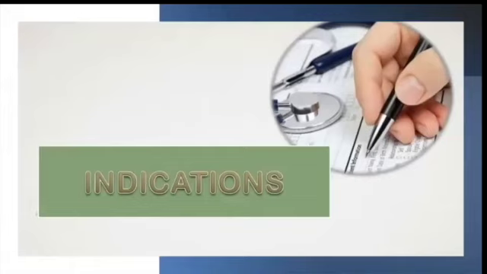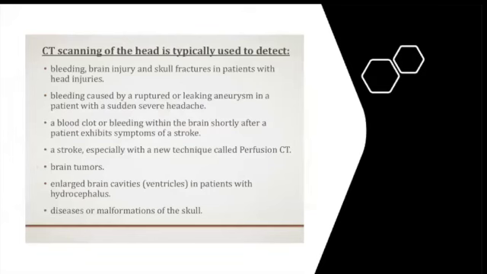So first order of business, we need to understand the proper indications for ordering a brain CT. Patients most deserving of a head CT include those who are suffering from a trauma. So if you have a patient who comes in an emergency setting, who has been a victim of a traumatic experience, and you are suspecting any skull fractures or brain injuries, please order a CT.